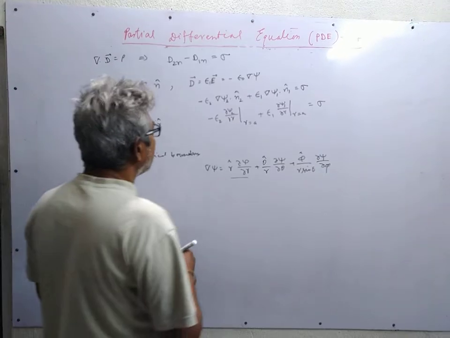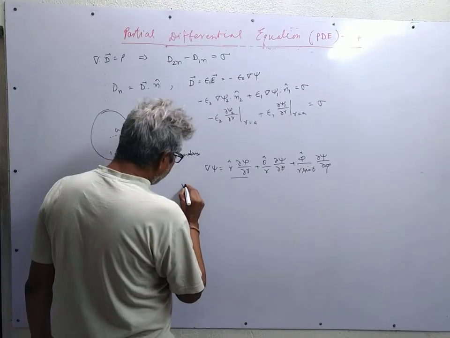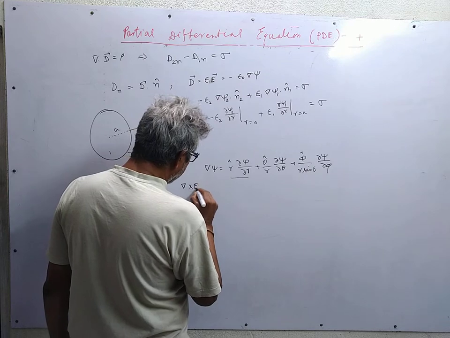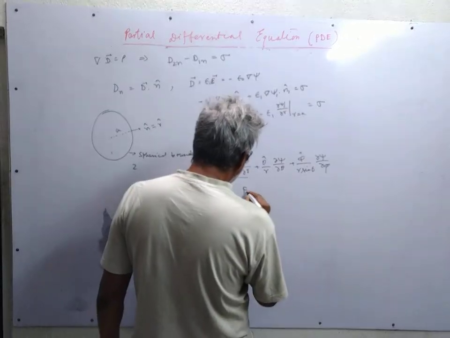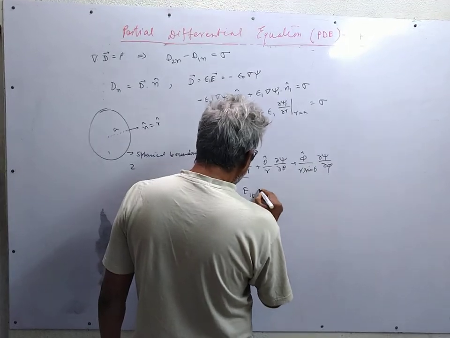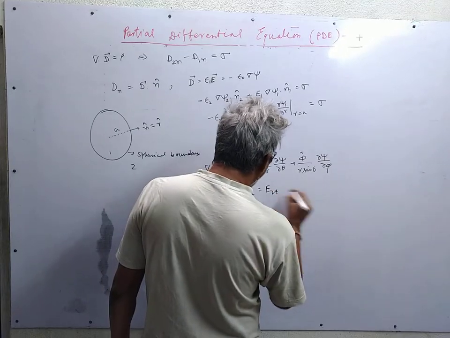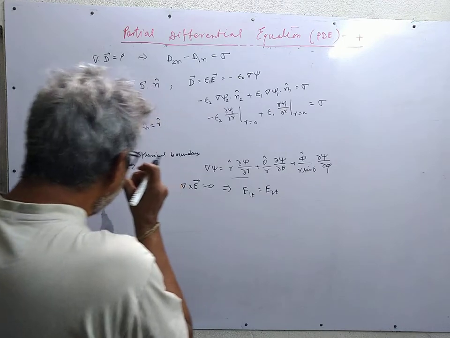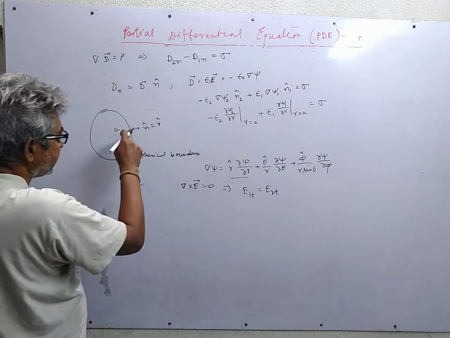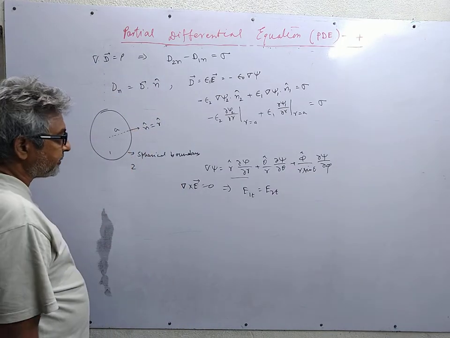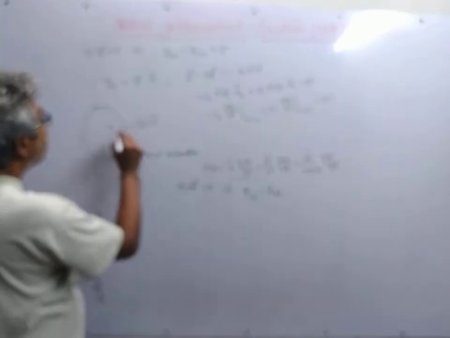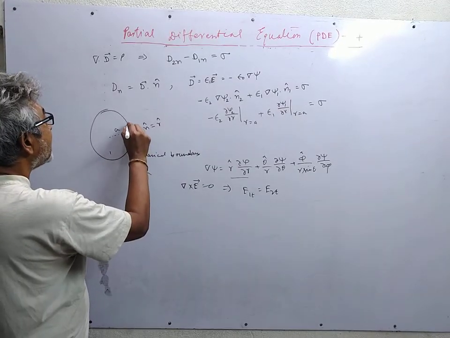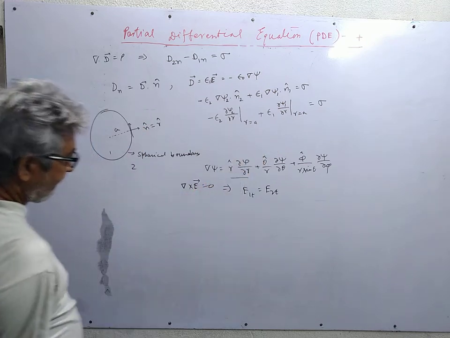The other boundary condition is that for the electrostatic field curl E is equal to 0, which leads to the fact that E1t is equal to E2t always. Now if we consider this surface as the boundary interface separating two media, then the tangential vector E lies in the theta phi plane.